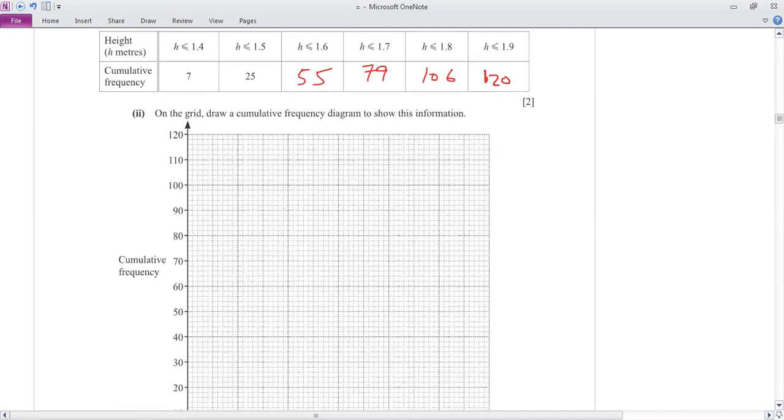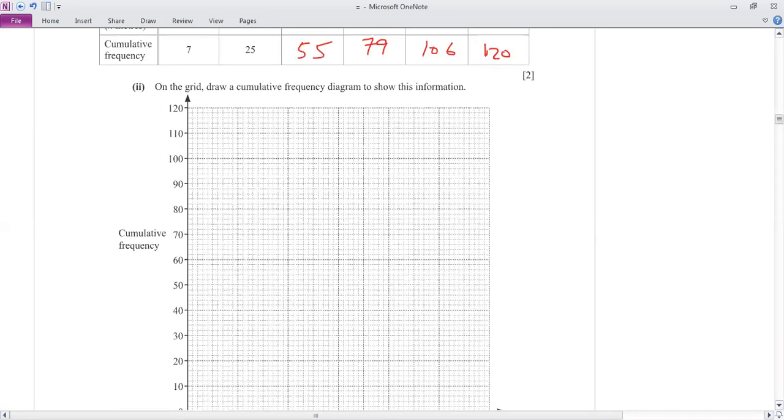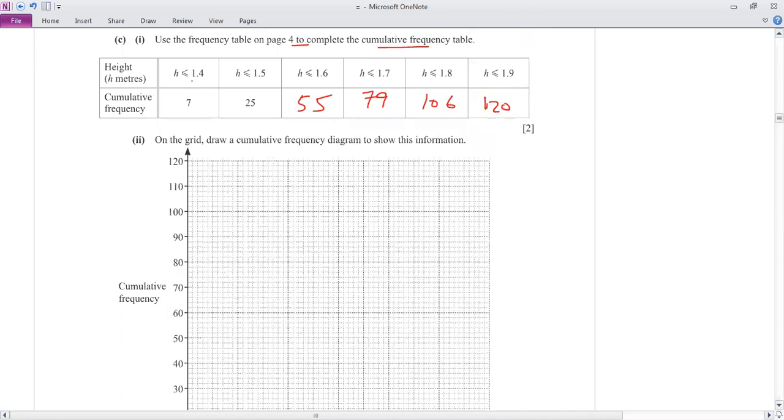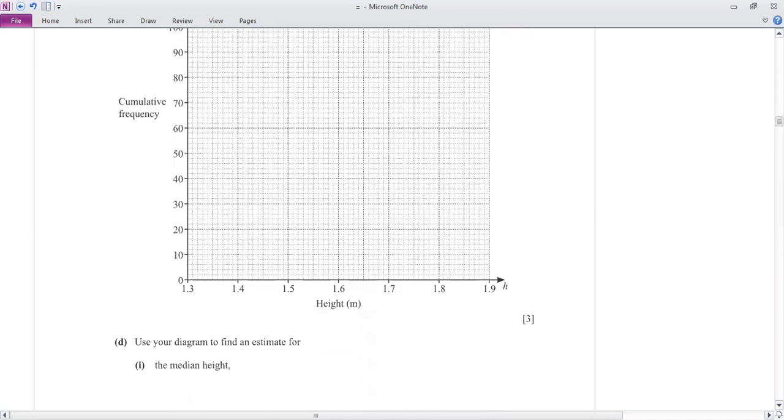After completing this frequency table, now we have to draw the cumulative frequency curve. Now look at this one. For less equal to 1.4, the cumulative frequency is 7. First look at the scale carefully. Look, from 1.3 till 1.4 there are 10 boxes.